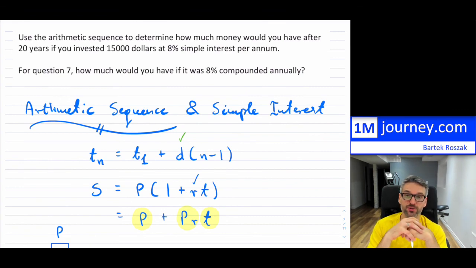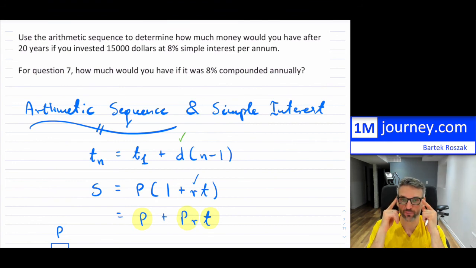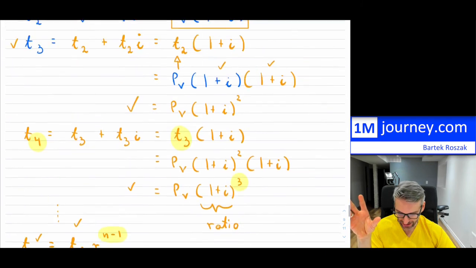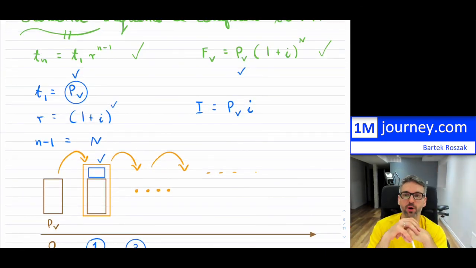So I'll refer you there. I'm sorry, it's not self-contained. So for the first one, the arithmetic sequence tied into simple interest, I'll put up a link above for you. And for the second one, the compound interest tied into the geometric sequence, I'll put up a link above as well, so that you have both and can take a look.